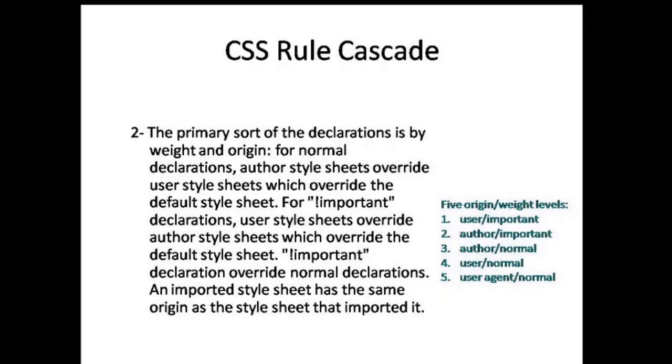For normal declarations, author style sheets override user style sheets, which override the default style sheet. For important declarations, user style sheets override author style sheets, which override the default style sheet. Important declarations override normal declarations. An imported style sheet has the same origin as the style sheet that imported it.